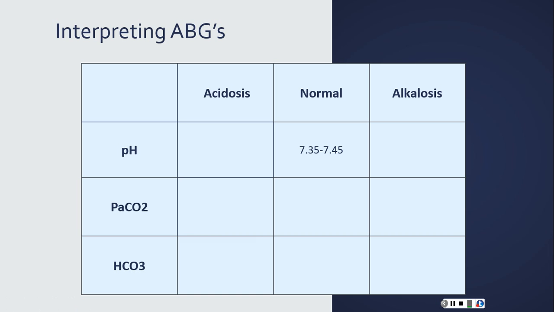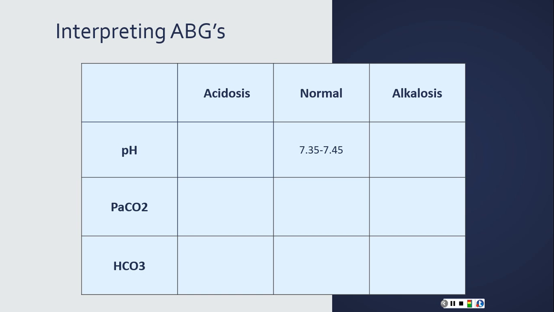If the pH is basic, it's going to be on the 7.45 side. 7.40 is kind of neutral, right in the middle. But if you've got a 7.39, it's more acidic. If you've got a 7.41, it's more basic. So that's the first component: determining acidosis versus alkalosis. So we've got to determine our pH. Which side is it on?